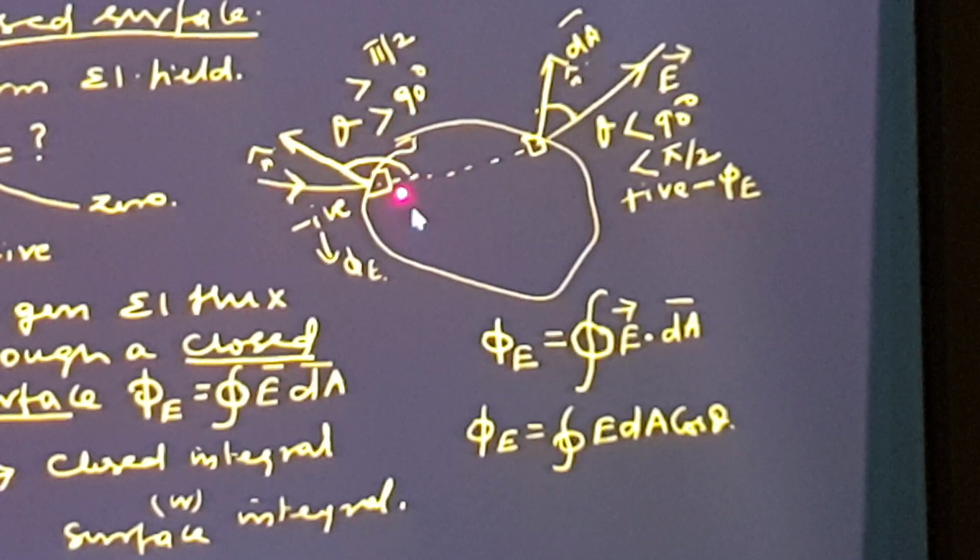The angle is obtuse. Similarly, on the leaving side, where the electrical lines of force leave the surface, when I drop the normal, the angle between the normal and the electrical field is less than 90. So if it is greater than 90, flux is negative, and if it is less than 90, flux is positive.